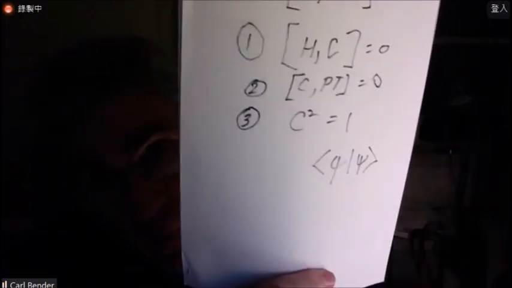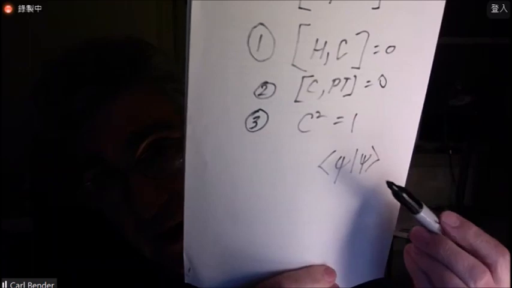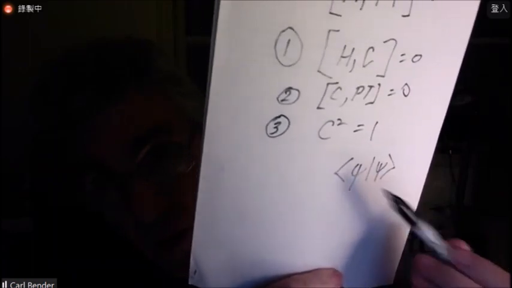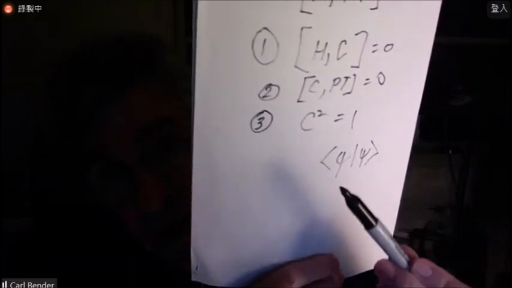The inner product looks like this. In conventional quantum mechanics, that's the inner product. And what is this bra over here? That is not psi star, but psi dagger. In other words, if you have a state, you dot it into its Hermitian conjugate, and that is the inner product.